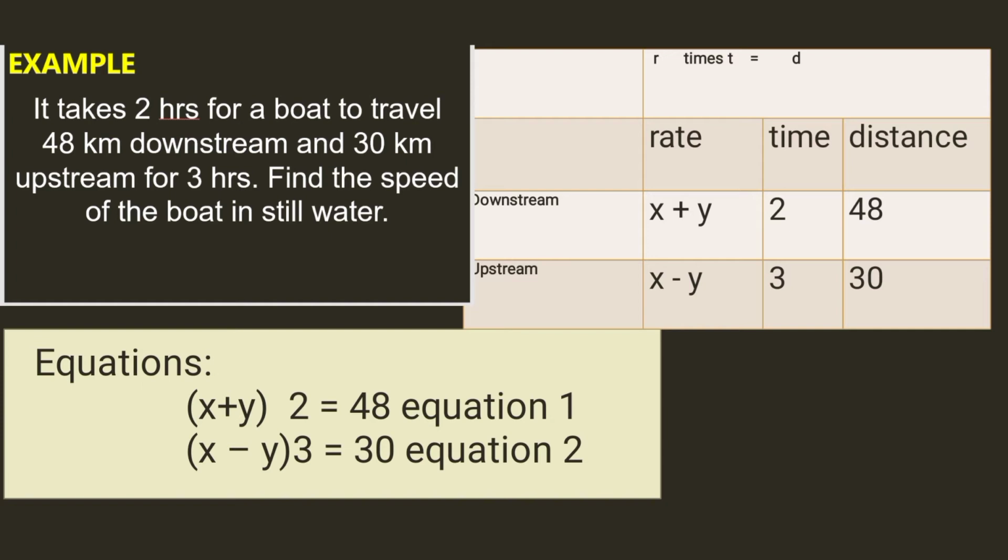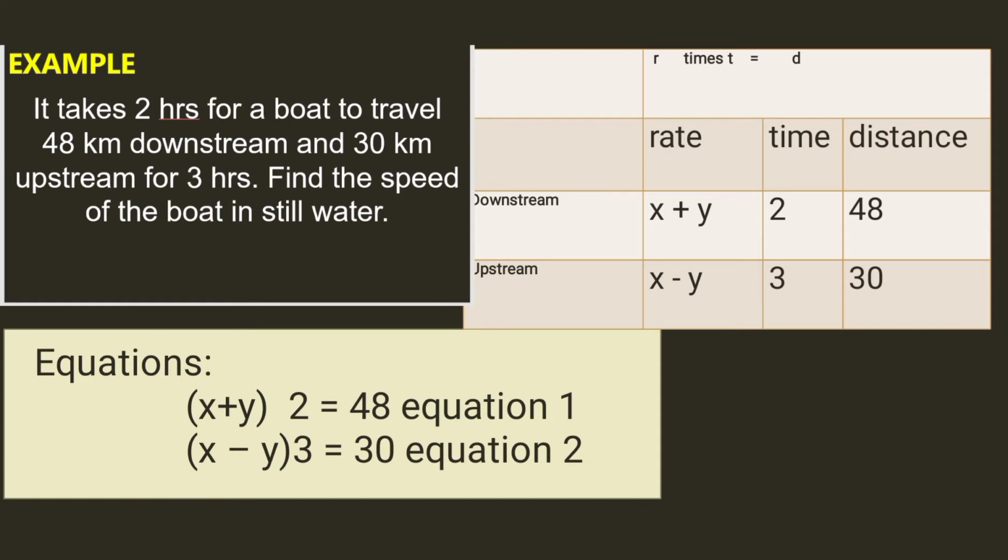Based on the table, we can now construct an equation for each. In our first equation, we have the quantity x plus y multiplied by 2 equals 48. Where does the first equation come from? Remember the formula for the rate: rate is equal to d over t.